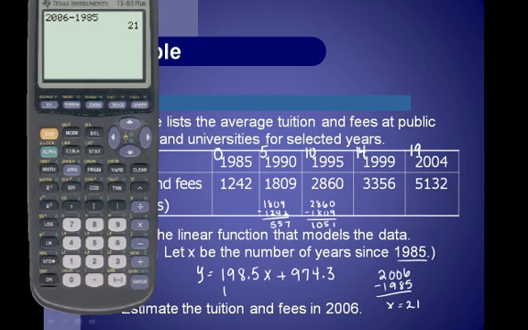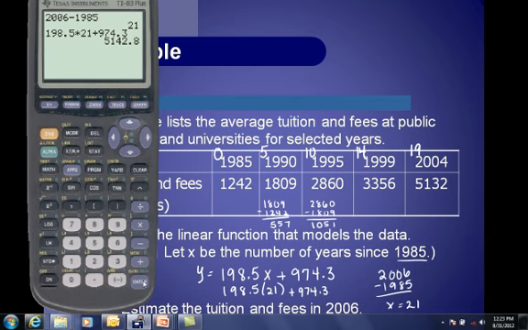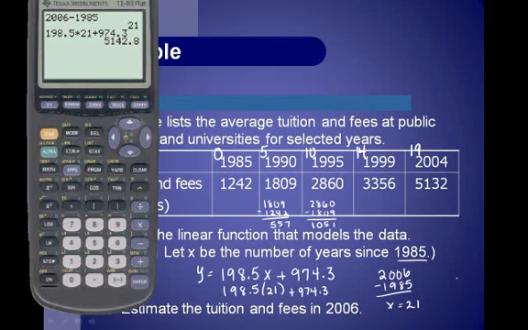So we would get 198.5 times 21 plus 974.3. And that gives us 5,142.8. Because all of the data in our table are whole numbers, let's go ahead and round that to $5,143.